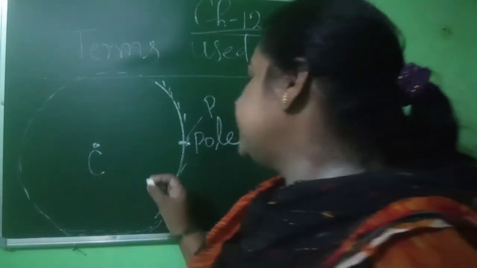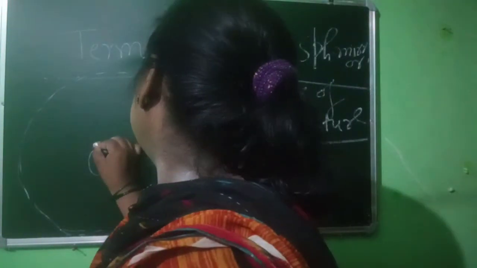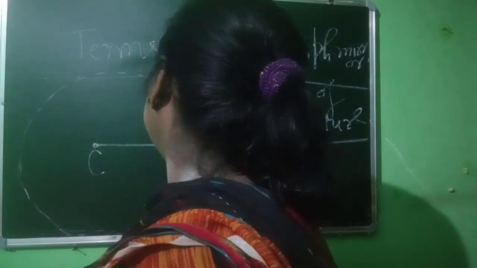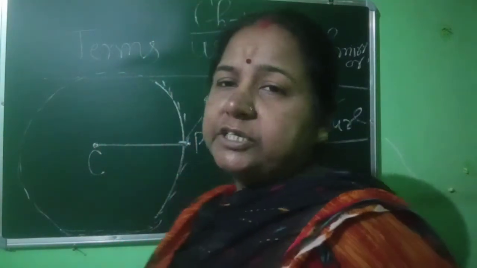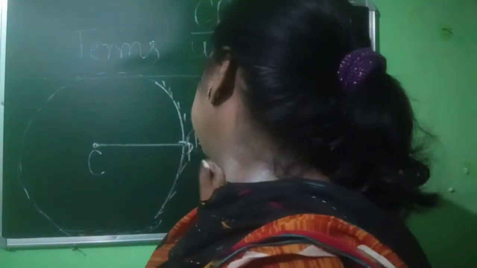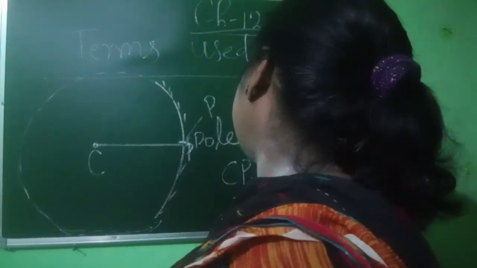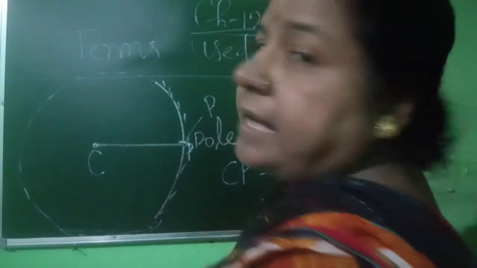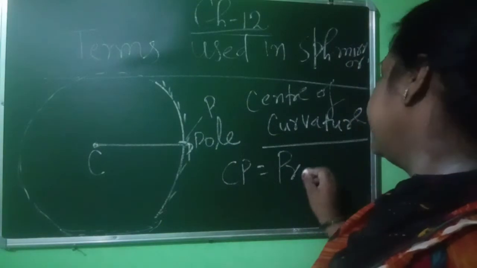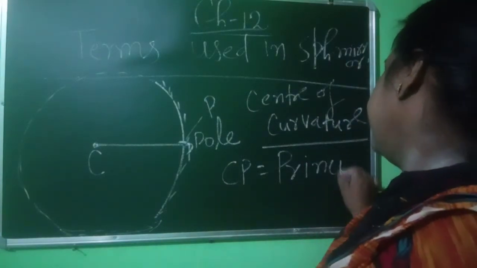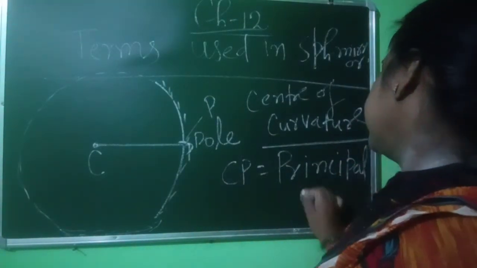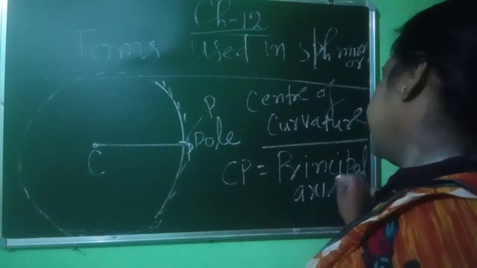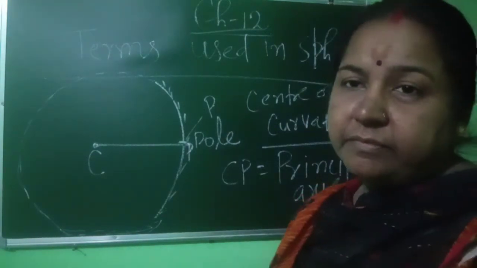Now, the line between C and P, this is CP. CP is called the principal axis. Understand?